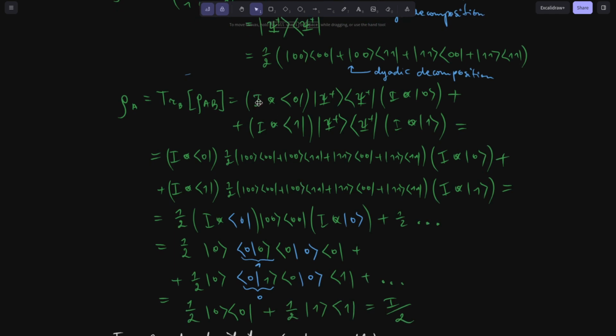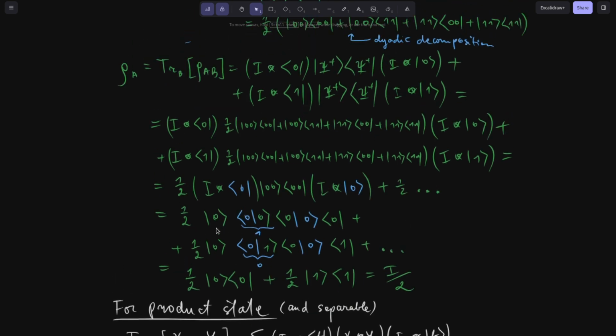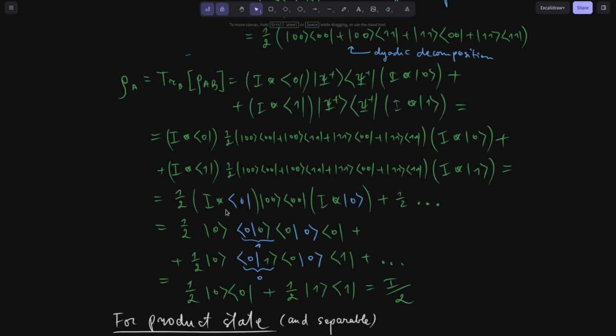So this is the identity matrix, and this is the 0 vector. Basically, identity means that we don't do anything. So here you can see that the identity is just gone, and this vector is just applying to the second system.